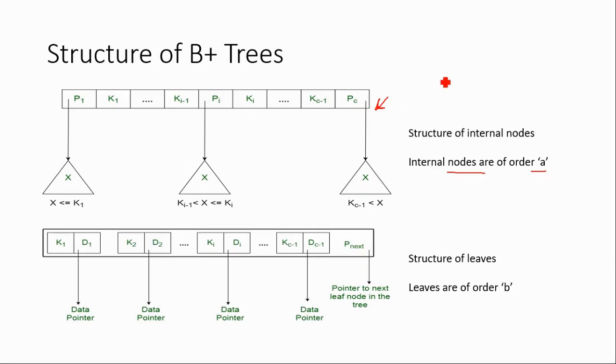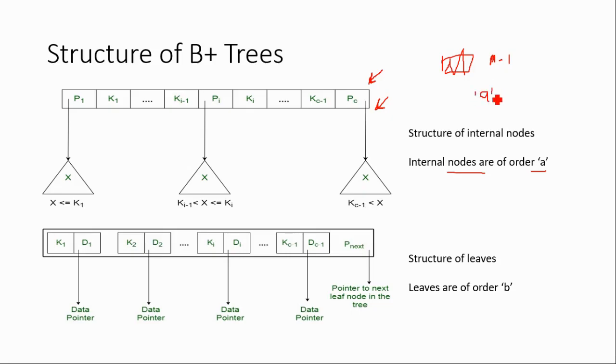This is okay, because in B trees also we have a particular order, where the maximum number of elements that can be stored is m minus 1, where m is the order. So in the case of internal nodes, the maximum number of elements will also be A minus 1.